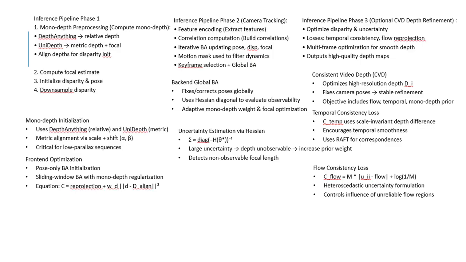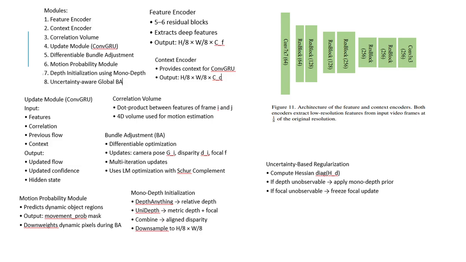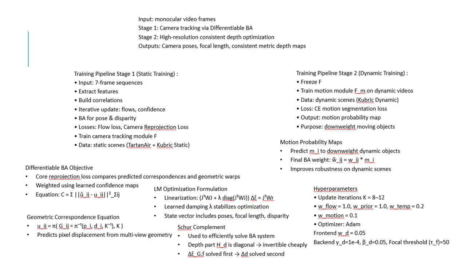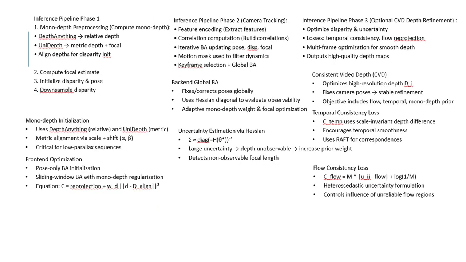Then correlation computing builds the correlation volume, which is a dot product between the features of frame i and j, giving a 4D volume used for motion estimation. Then iterative BA updates the pose, disparity and focal at every step, using a bundle adjustment optimization algorithm. Then a motion mask is applied to filter dynamics, followed by keyframe selection plus global BA.